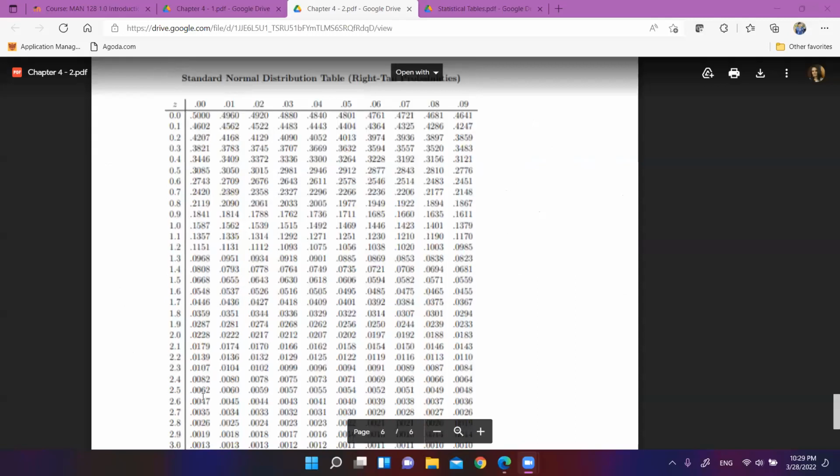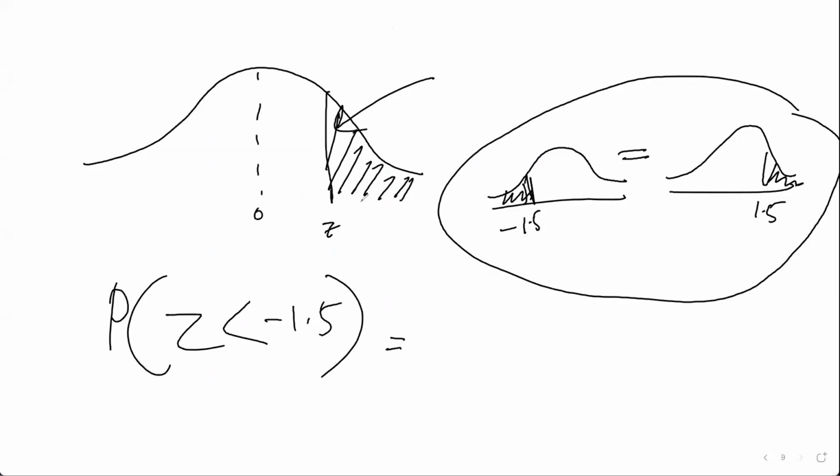Why? Because the negatives are not there. දැන් මේ දීලා තියෙන්නේ simply right tail probabilities නේ, right? එතකොට මෙතන අපි 1.5 එක ගත්තා නම් හරිය නේද?